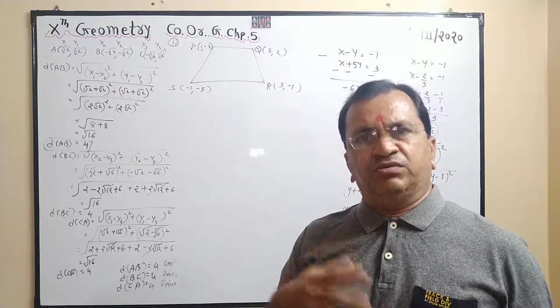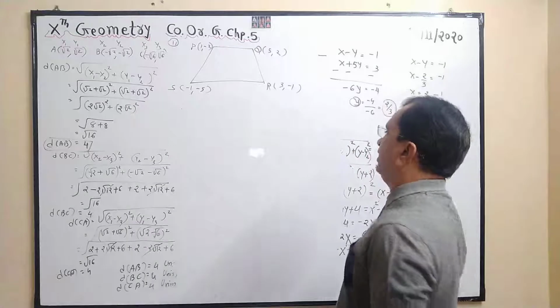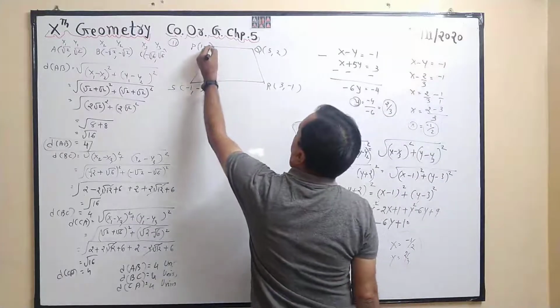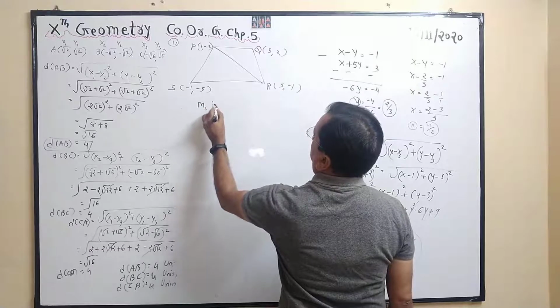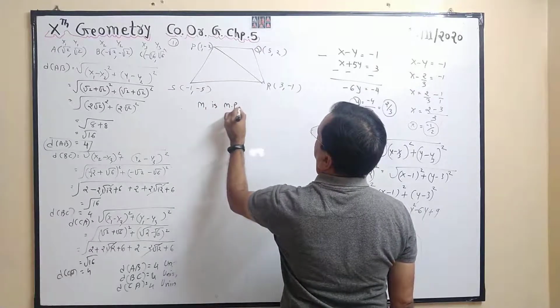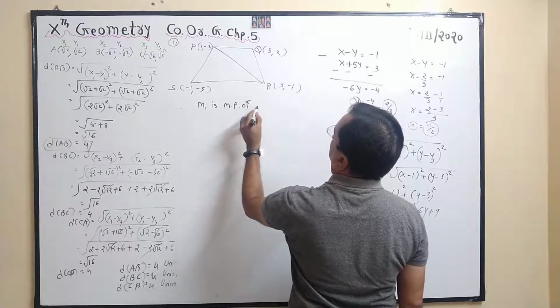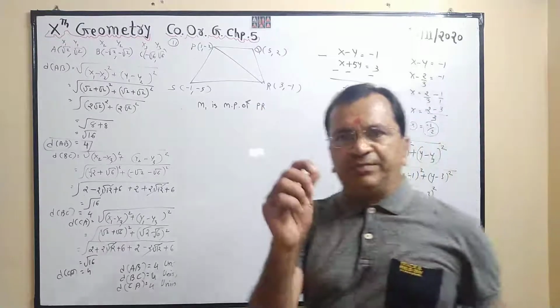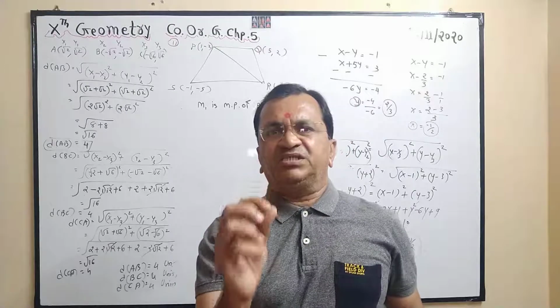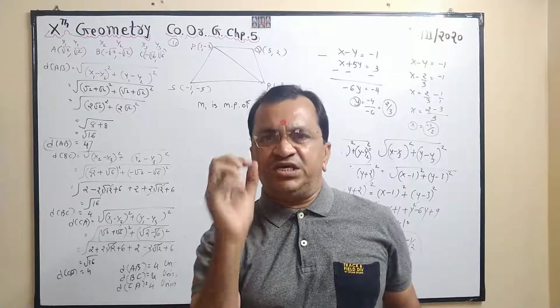I am giving you something different. Let M1 be the midpoint of PR. If both the midpoints are common, it means diagonals are bisectors of each other.